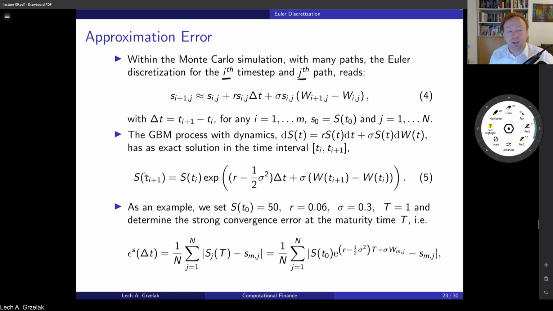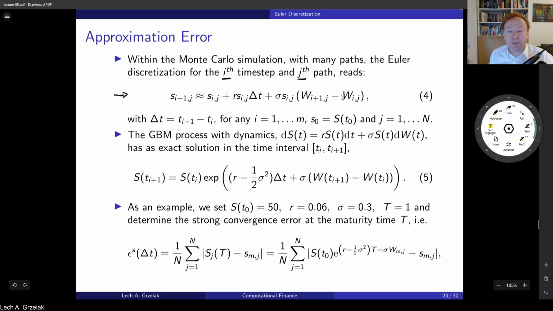So you see, essentially, this representation is exact simulation. This means that in order to make a time step from t_i to t_{i+1}, we don't need intermediate steps. We have explicitly the relation between any t_i and t_{i+1}. So this is the exact representation, and this is the quantity that we are going to compare to our discretization that we get from here.